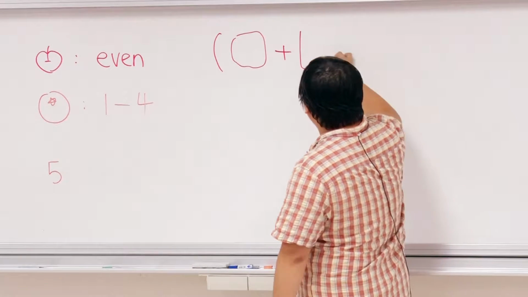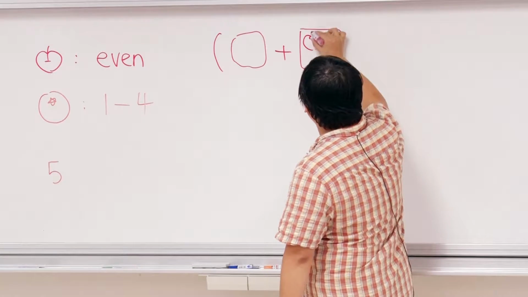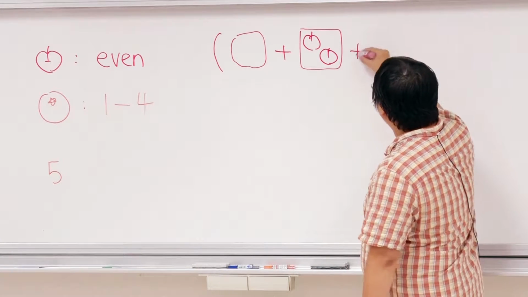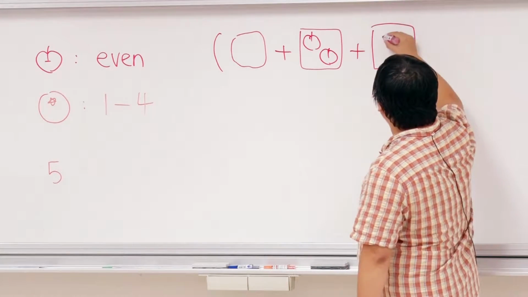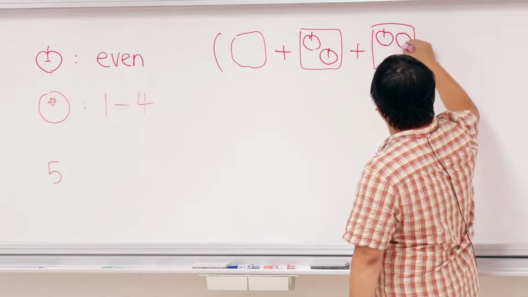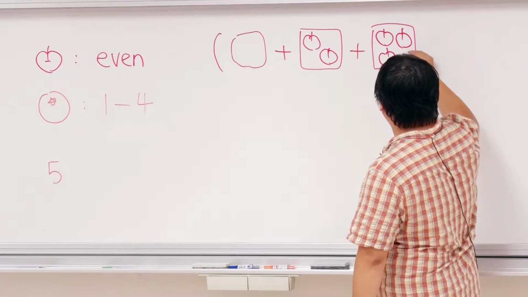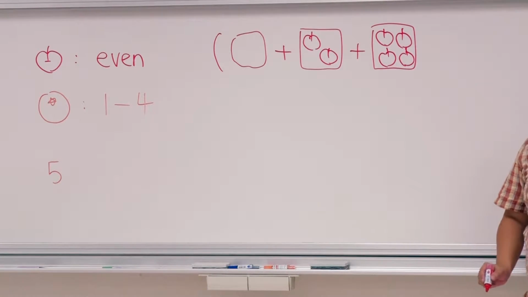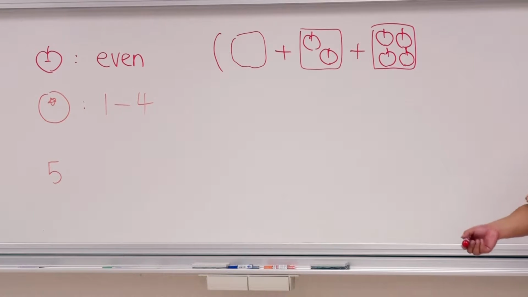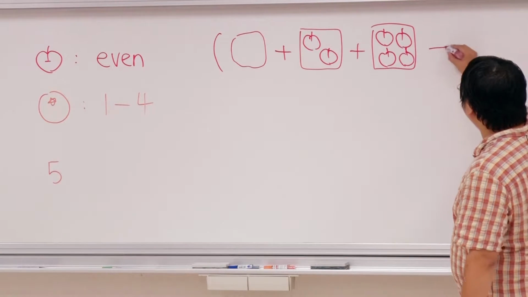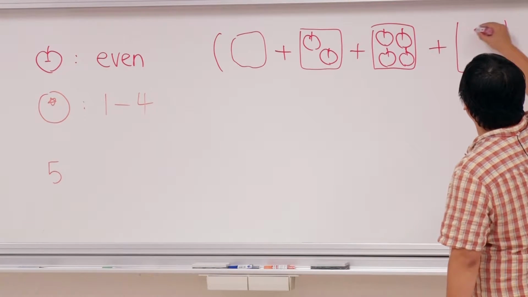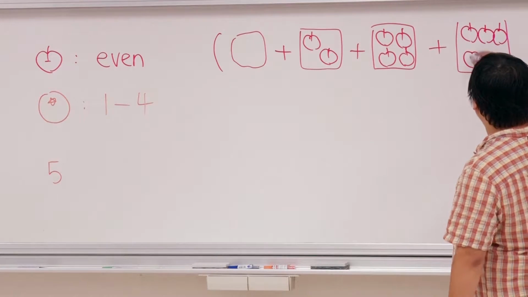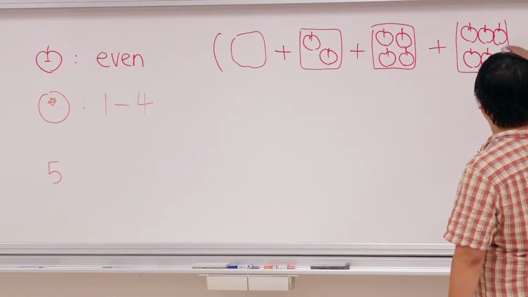We may be buying a bag with 2 apples, or a bag with 4 apples. And let's say we don't know the total number of objects that we are going to buy in the end, so we also list the case of 6 apples, and so on.